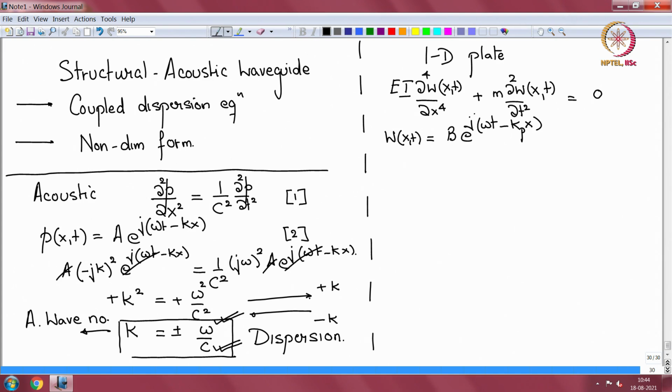We substitute this back into, so let us say this is 3, this is 4. If we substitute 4 into 3, I have fourth derivative with space.